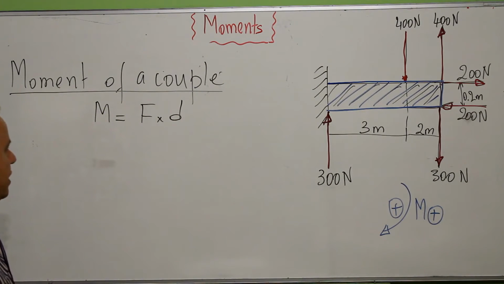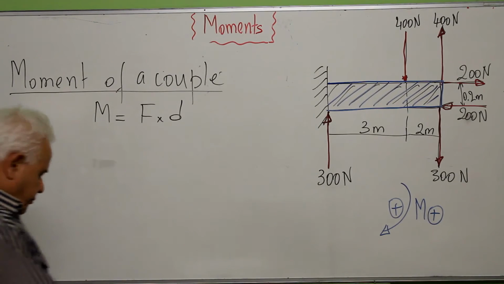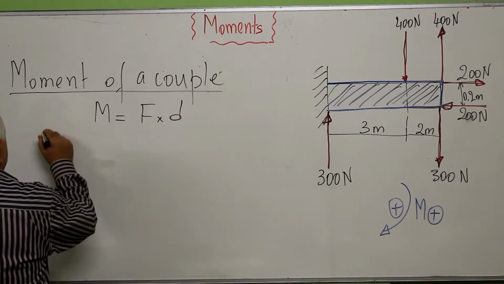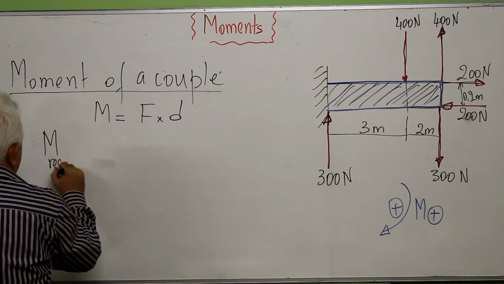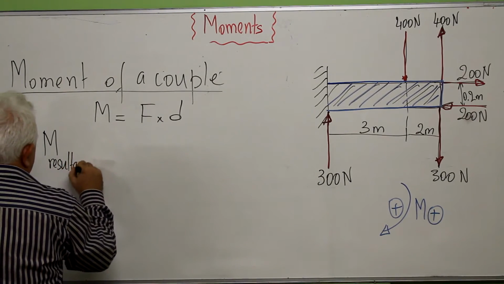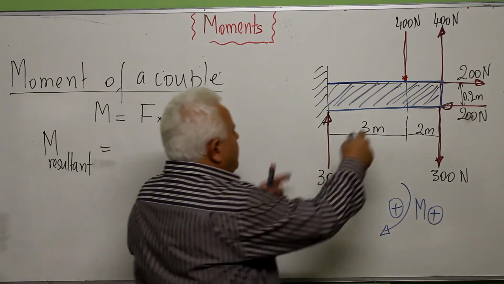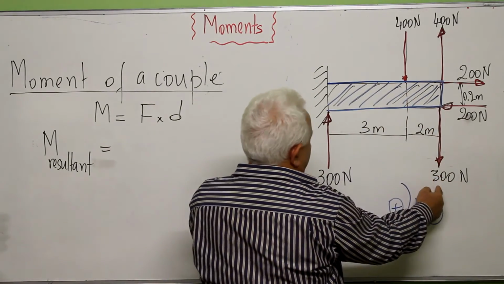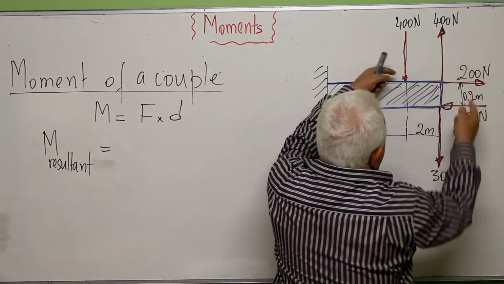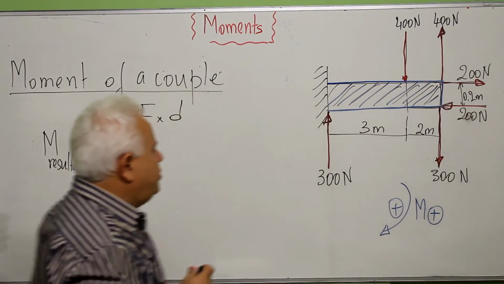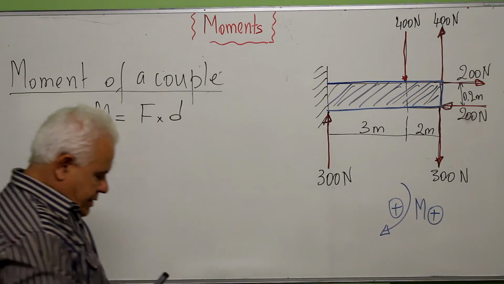So let's start. We have the resultant moment of these three couples. I've got this first couple of 300, second couple 400, and the third couple is 200.